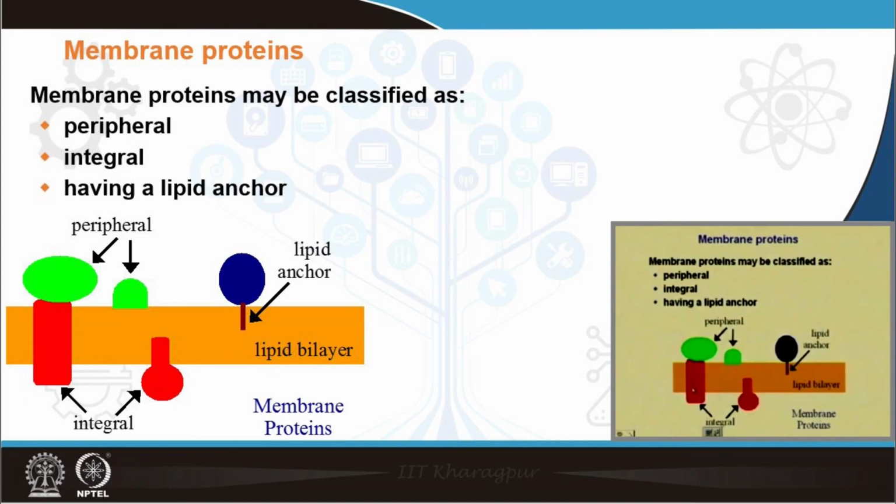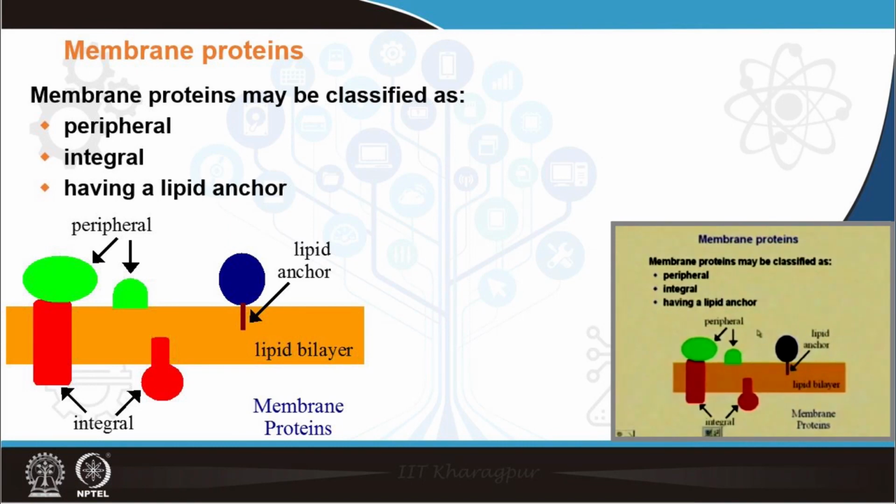The ones marked in red are integral proteins that are sort of embedded in the bilayer. The lipid anchor ones have a lipid chain attached to them, of which interacts with the hydrocarbon chains of the lipid fatty acids. Okay? So, these are the three types of membrane proteins that you can have.